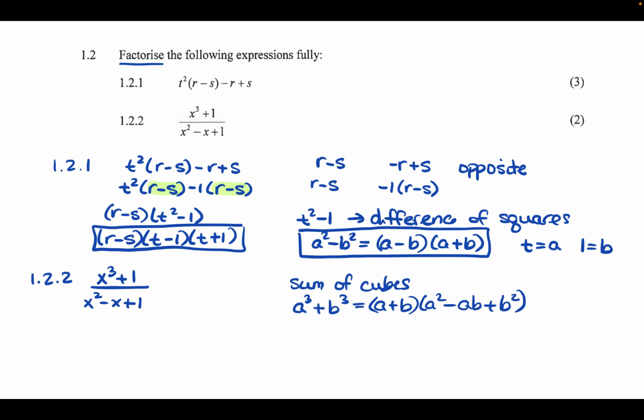And you can check that by multiplying it through carefully. And a difference of squares is also something that can be factored. And these are formulas that I think are worth learning.